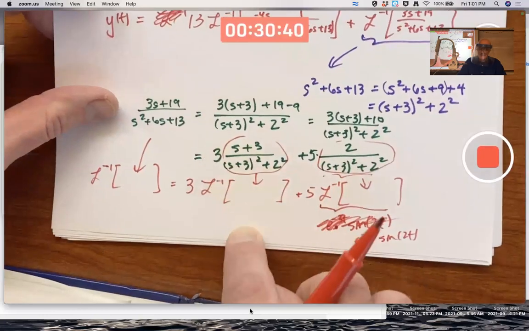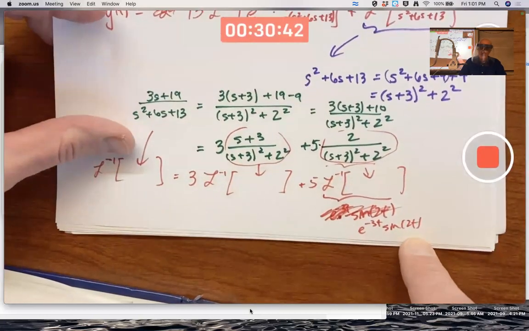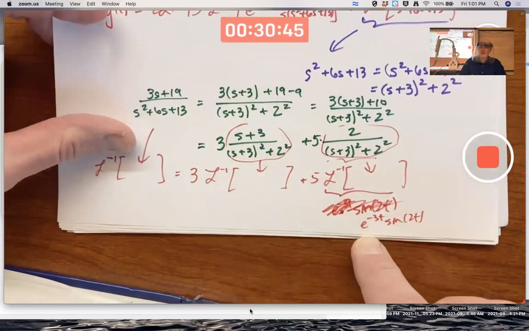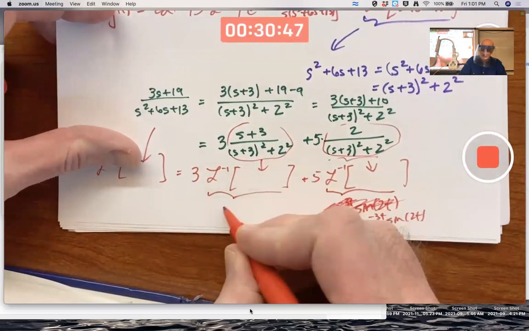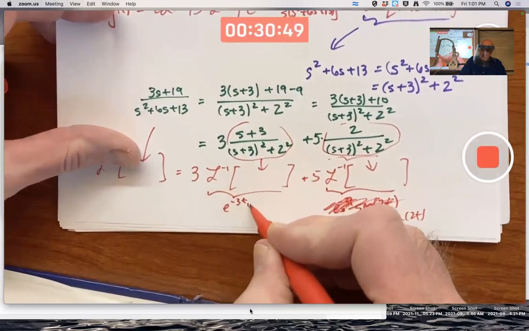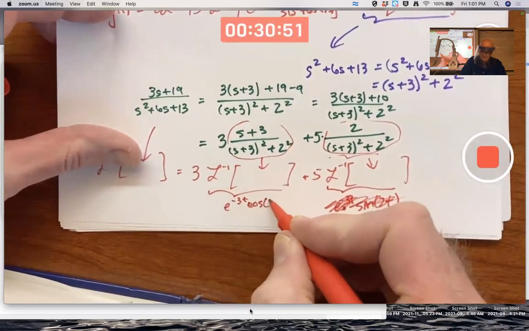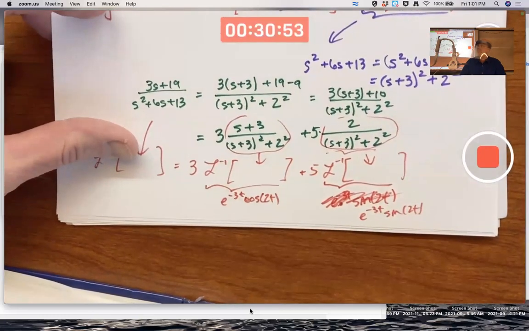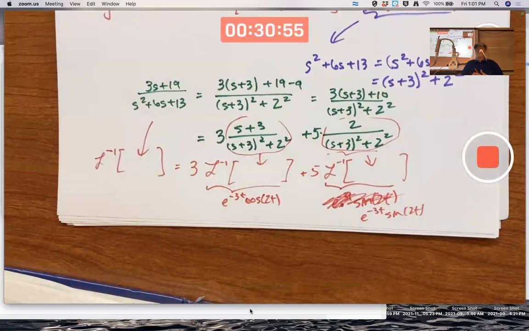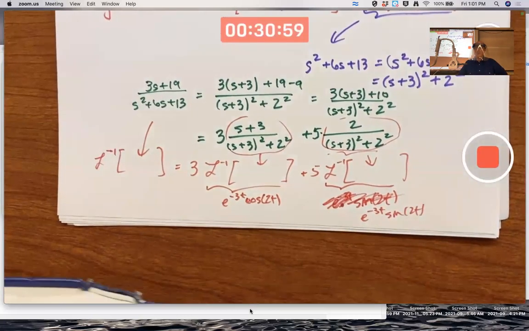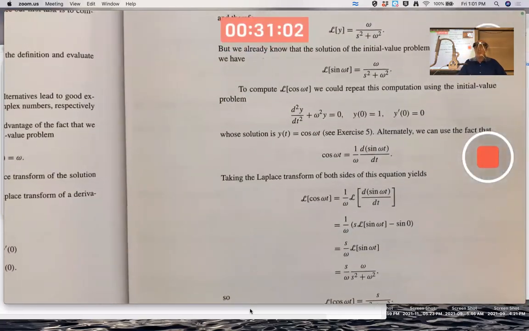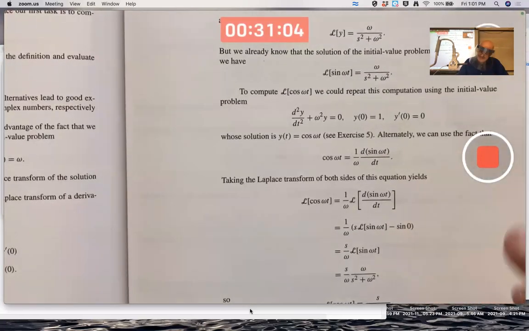This one is going to involve cosine of 2t, and still an e to the -3t in front. This one is e to the -3t cos 2t. Because Laplace transform, well, this is taking a lot longer than I hoped for, but I think it's still worth it.